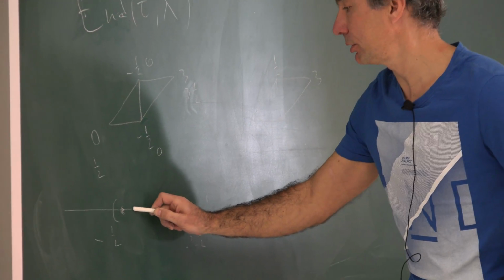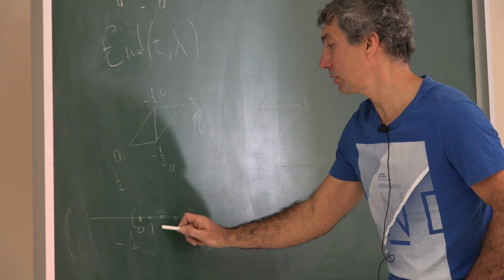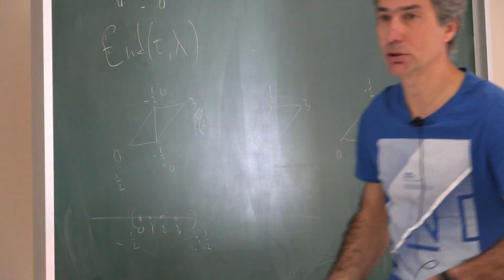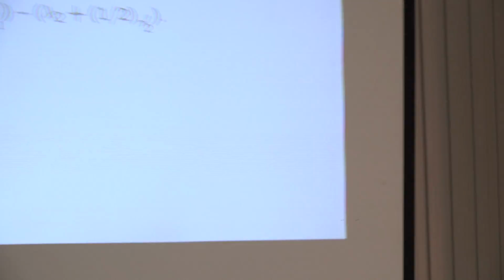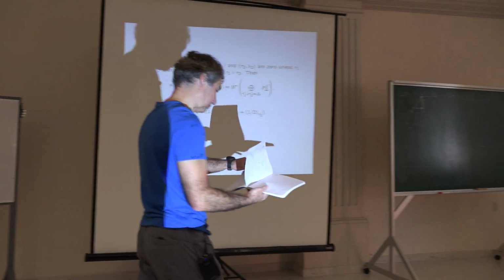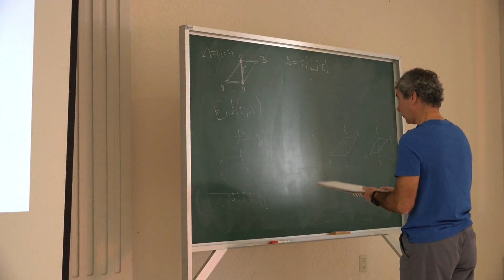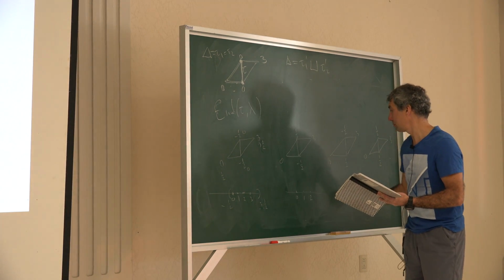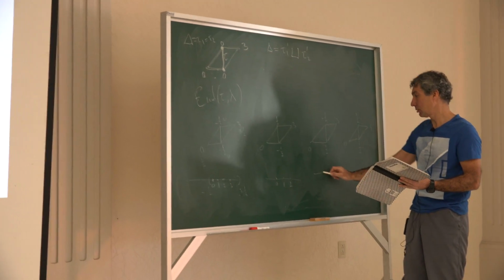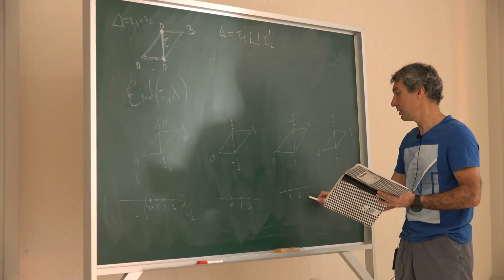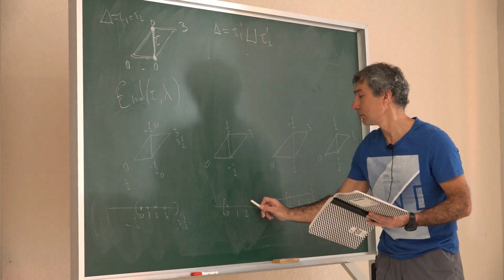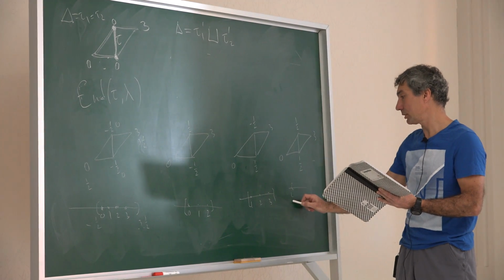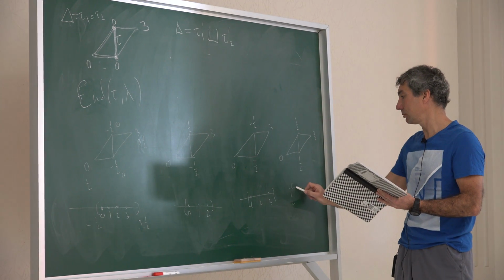So that's 4 points here: 0, 1, 2, 3. If I modify this one, let me look at my notes. Minus a half, 3. So here I have 0, 1, and 2, only 3 points. Here I have 1, 2, and 3. And here I have from 1 half to 2 halves, 2 and a half. So it's only 1 and 2.